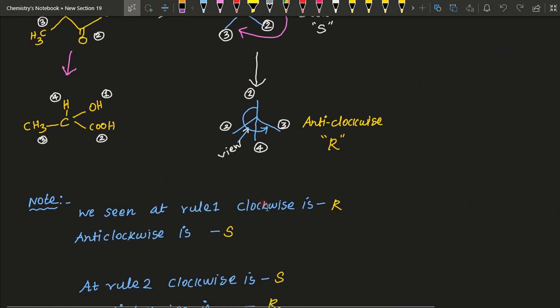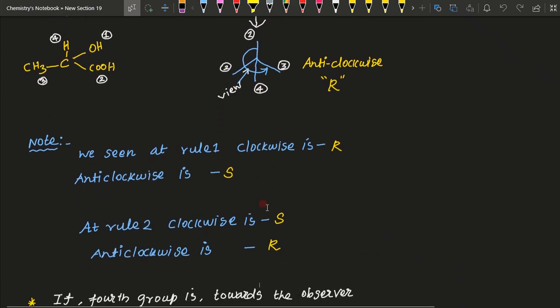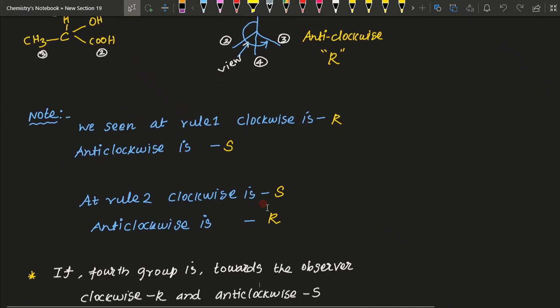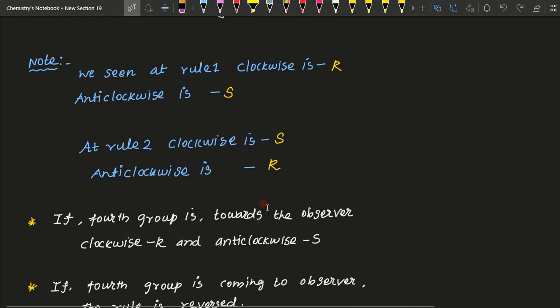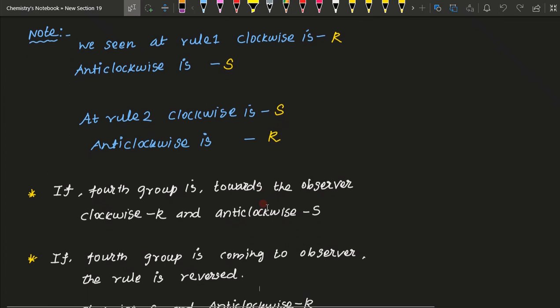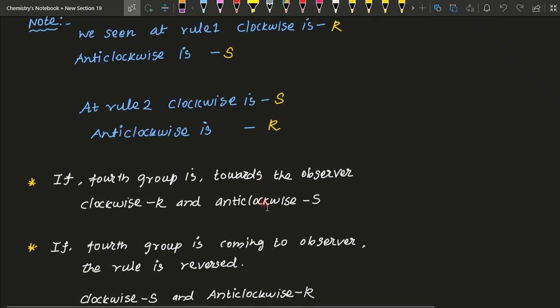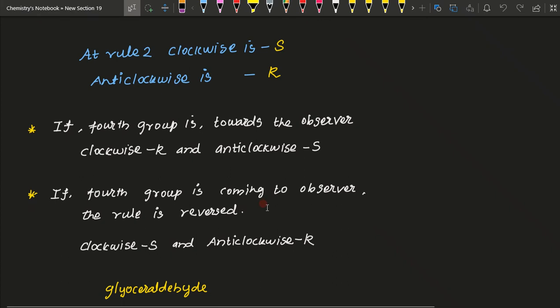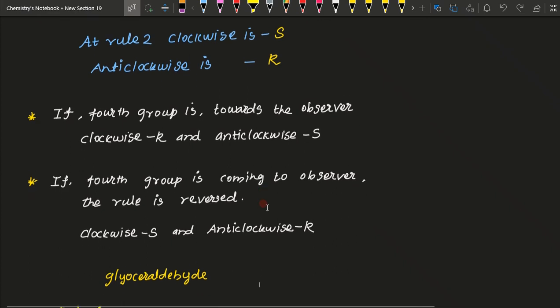Note, we seen at rule 1 clockwise is R, anti-clockwise is S. At rule 2 clockwise is S, anti-clockwise is R. Note, if fourth group is towards the observer, clockwise R and anti-clockwise S. If fourth group is coming to observer, the rule is reversed, clockwise is S and anti-clockwise is R.